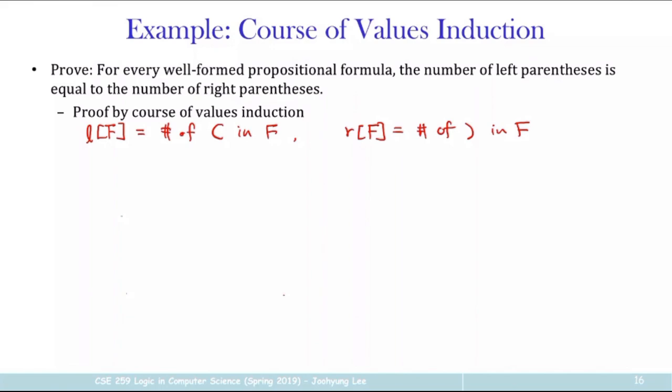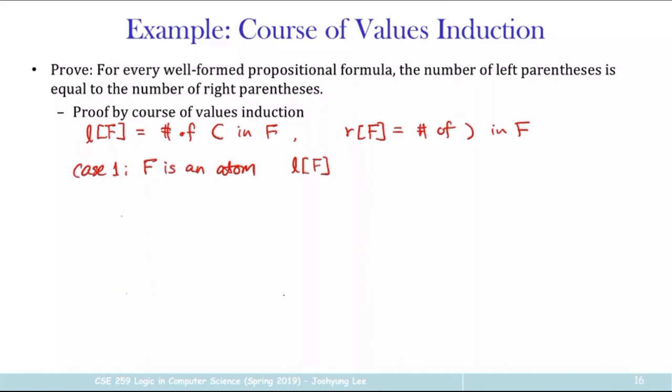So recall the proof cases. Case 1 is when f is an atom. An atom is like P, Q, R, right? In this case, what is L of f?